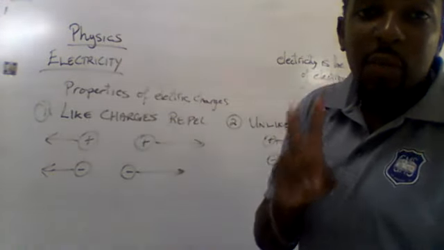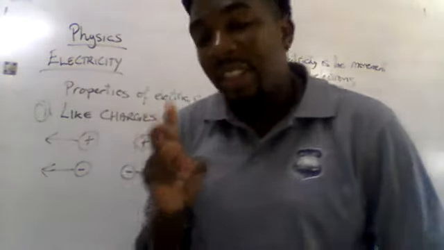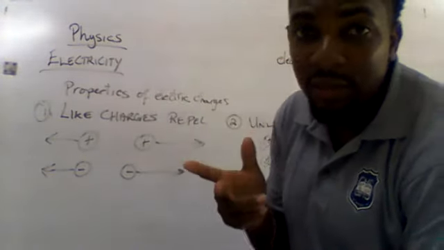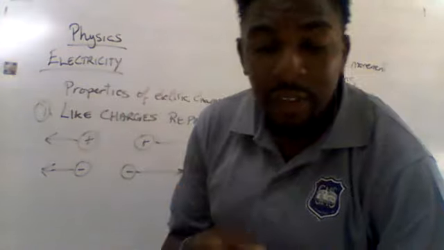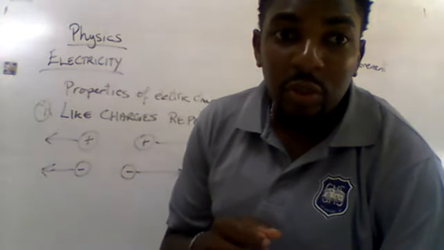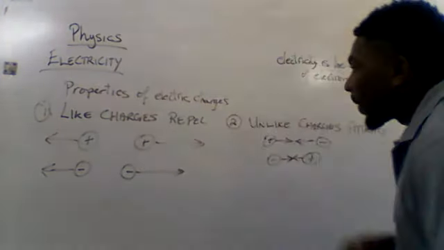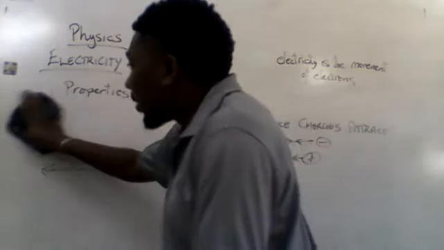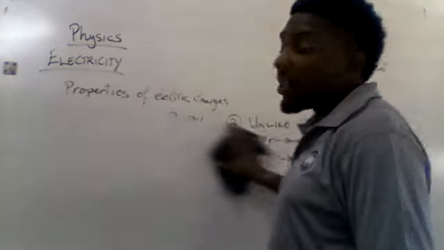Good? And just remember that there are only two types of charge that exist: a positive charge and a negative charge. Positive charge also referred to as a proton, and a negative charge also referred to as an electron. Good. Next. So we're going to look at now the process of induction.